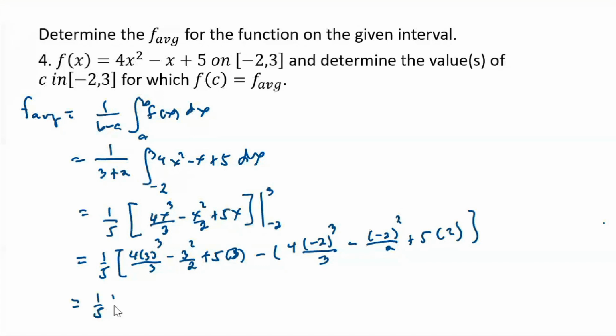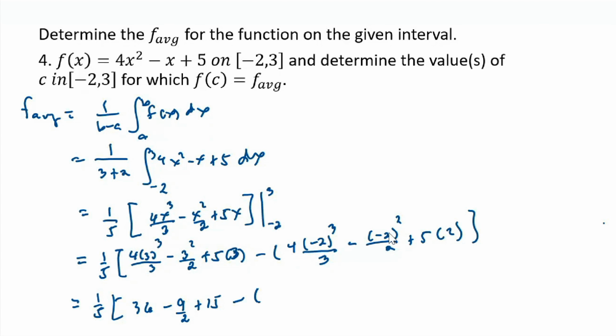We have 3 cubed is 27, divided by 3 is 9, or we could say 3 cubed divided by 3 is 3 squared, which is 9. So 9 times 4 equals 36. Minus 3 squared is 9, so we have 9 over 2, plus 15, because 5 times 3 is 15.